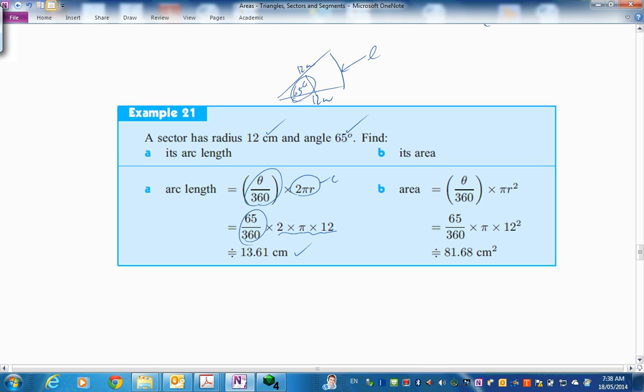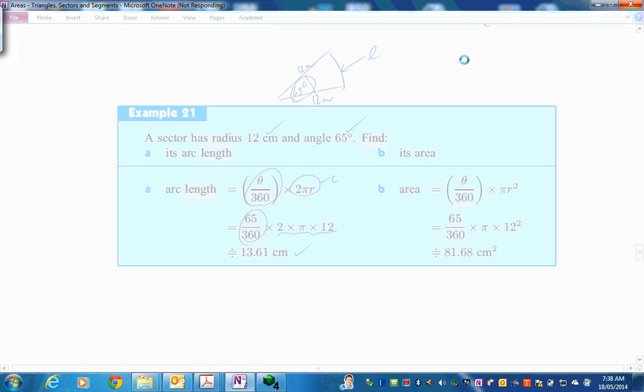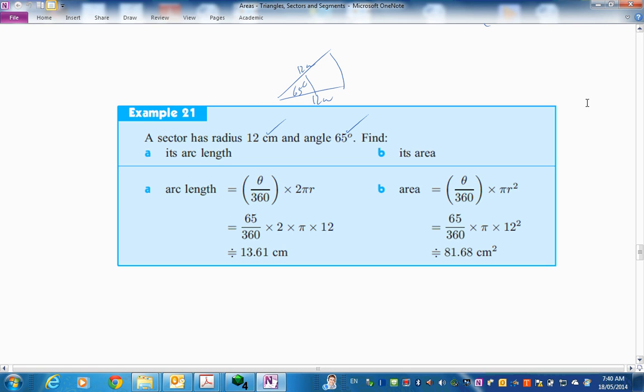Can we find the area of the whole thing? Okay, well let's just check that out now, the area of the whole thing. A little bit of a glitch there, so let's keep going. So the area is the same fraction of the area of the circle, so it's 65 out of 360 times pi r squared.